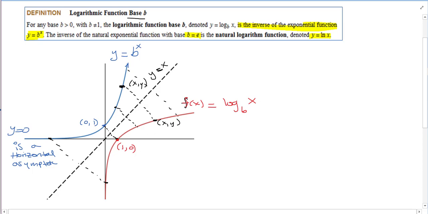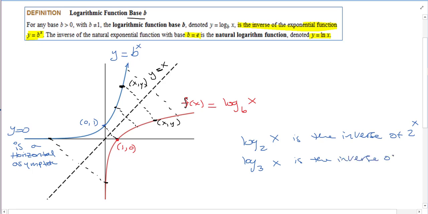You have log base 2 of x, which is the inverse of 2 to the x, and so on. Log base 3 of x is the inverse of 3 to the x, and the natural log of x is the inverse of e to the x.